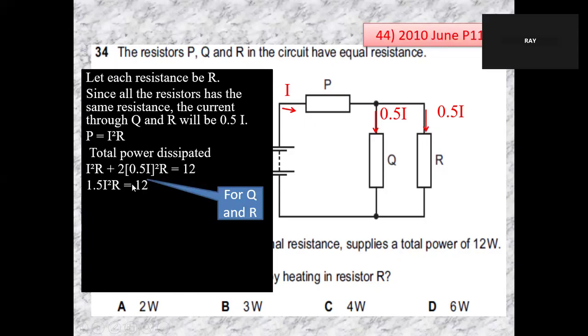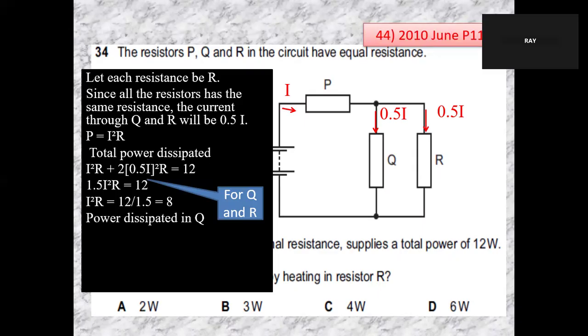So add them up. Sorry, this is 0.25. 0.25 times 2 is 0.5, so it's 1.5 squared. So I squared R is 12 divided by 1.5, which is 8.